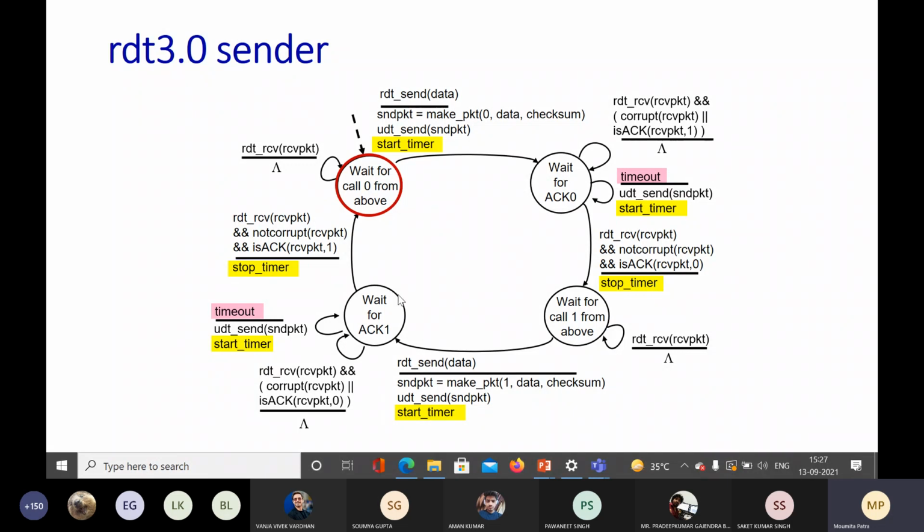Next you wait for that acknowledgement. Again, if a timeout happens, resend it and start the timer. And if the correct packet is received, then you stop the timer. Okay. So the same is here, that is, wait for call from above. If a packet is received, then no action is taken.